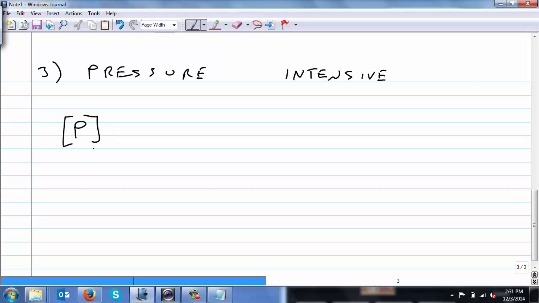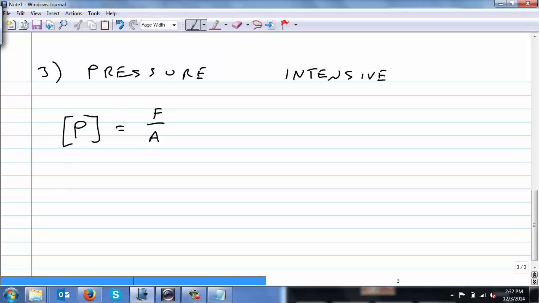When you would define pressure, what kind of units would you give it in? Force per area, like PSI, megapascals, et cetera. So it's going to be force over area. These little brackets here, I'm just saying that the dimensions of pressure are force per area.